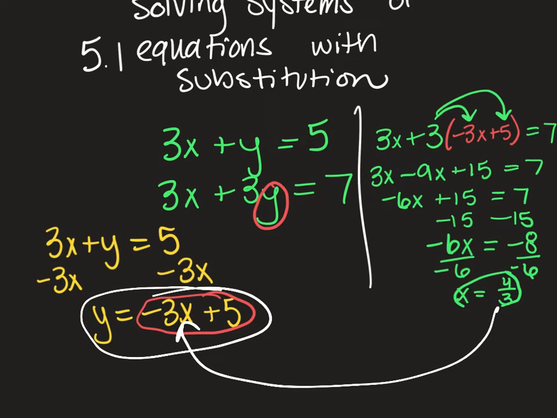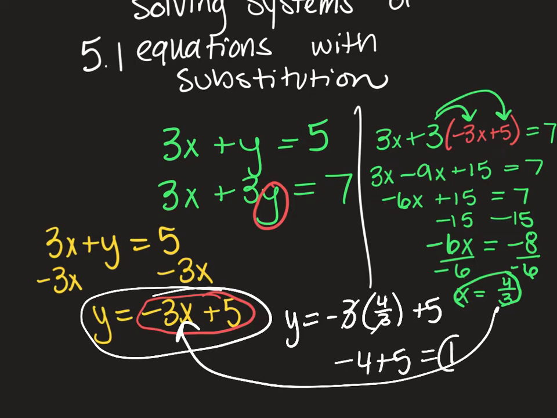That way we don't have to move anything. We just have to multiply, add, and we're done. We have the value for y. So y equals negative 3 times 4 over 3 plus 5. So that will equal negative 4 plus 5, which is 1. So x is 4/3 and y is 1. So that is our final answer.